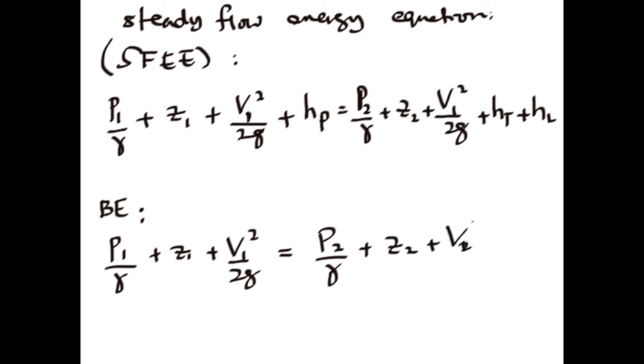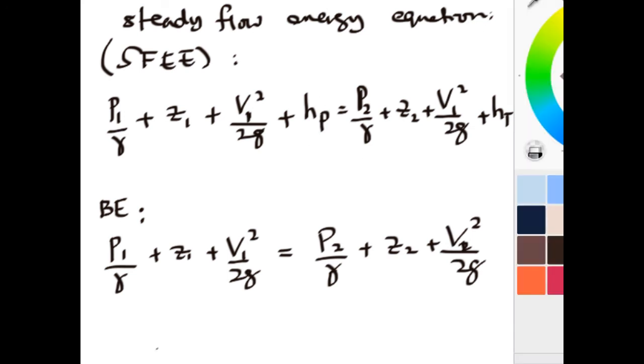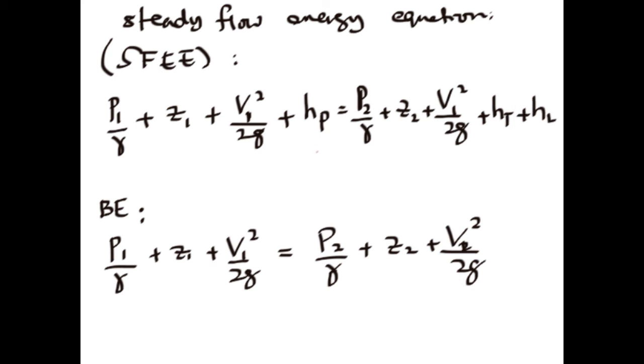So what's the difference between SFEE and BE is that we have an additional term here, which is the HP, HT, and HL.